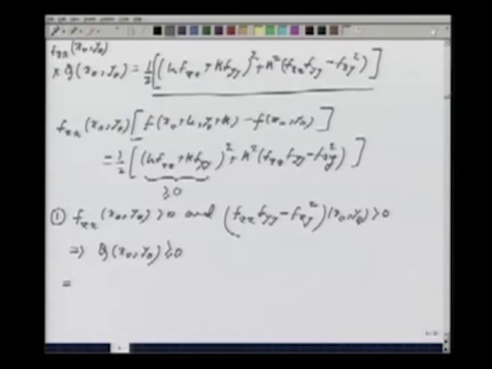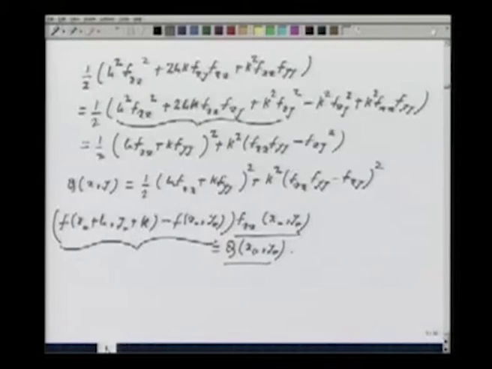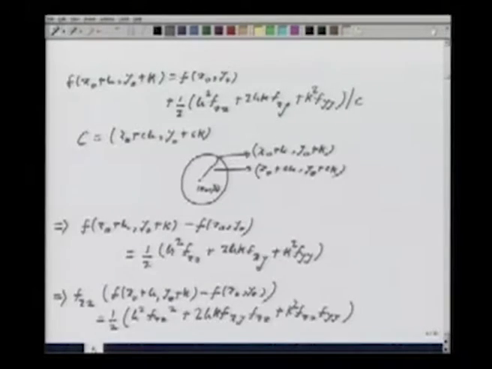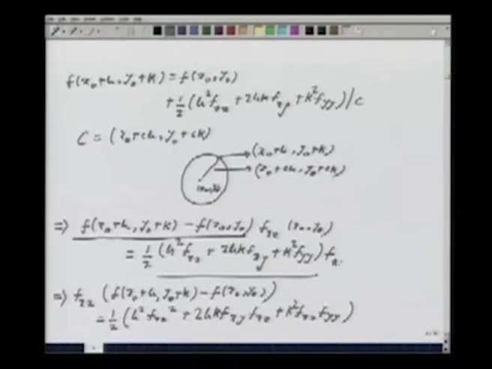That would then imply that f of x naught plus h, y naught plus k minus f of x naught y naught is bigger than or equal to 0. Because let me look at this expression which I had here, this quantity was this that we have shown, then this was multiplied with fxx at x naught y naught. Okay.